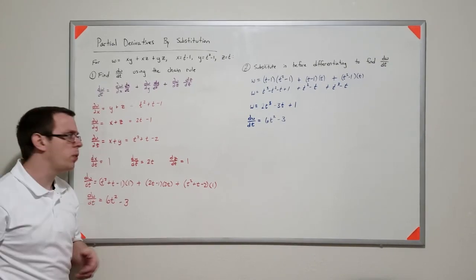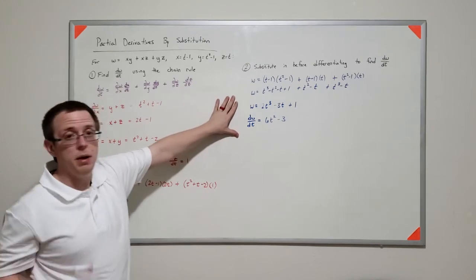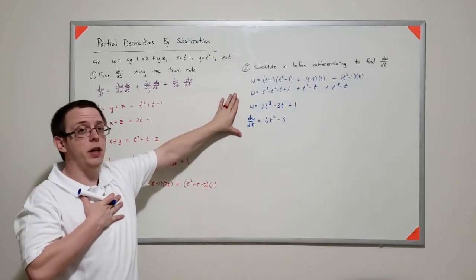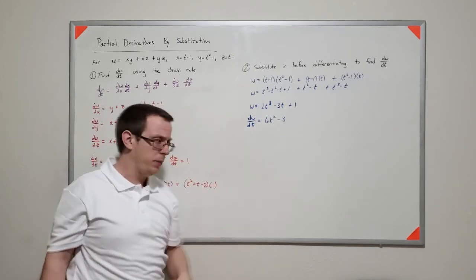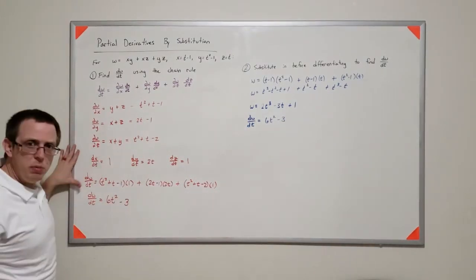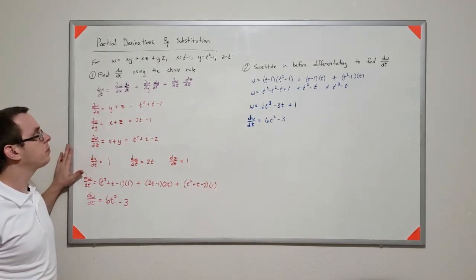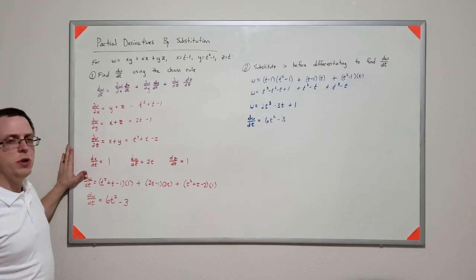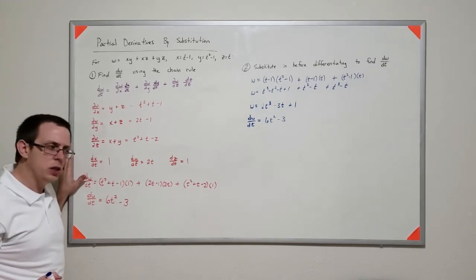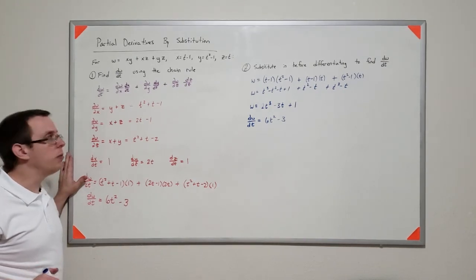So why are we doing this? Well, we're doing this to show that in this particular case, from my perspective, it was significantly easier and faster to do it this way. There's no doubt about it. So when would it be faster over here? Well, a really good case for that is when you have really nasty functions, but they are maybe only in a single variable.